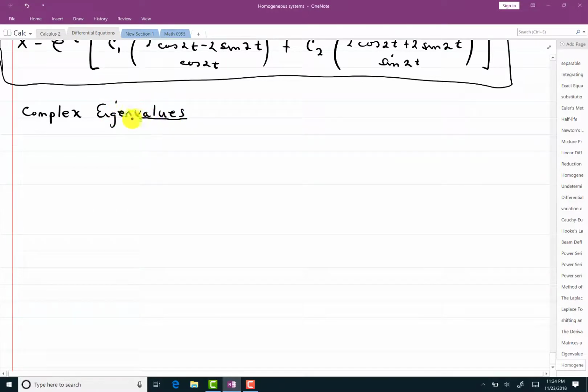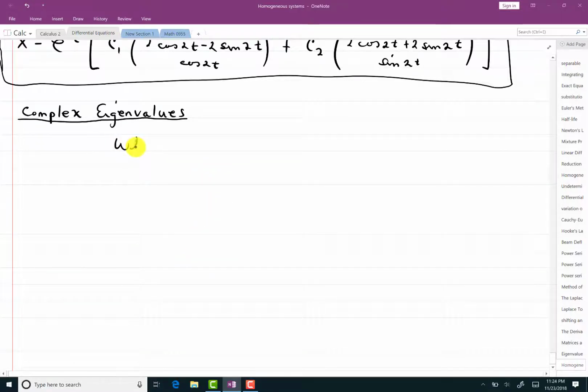In this course, we're never going to work with matrices that have non-real entries. So whenever we're calculating our lambdas and things like that, the polynomials that we'll have will always have real coefficients.